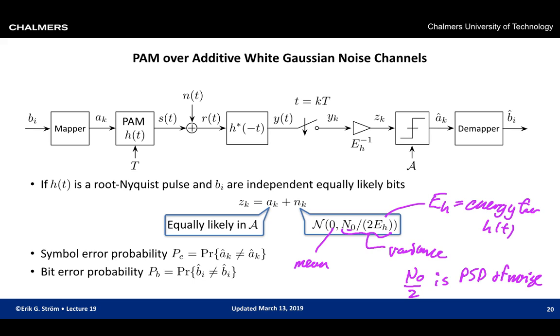At exams and so forth, we typically say, okay, the power spectral density of noise is N naught over 2, and then we specify N naught. So this is typically how these problems are phrased.